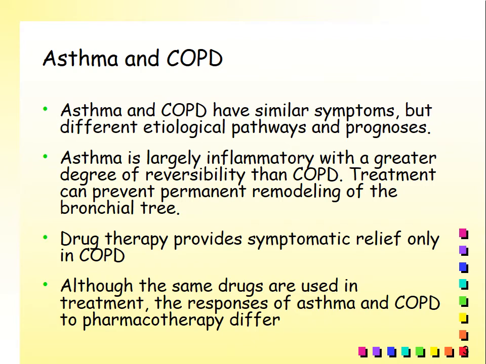That is to say, that treatment can prevent permanent remodeling or stiffening and thickening of the bronchial tree. So adequate treatment is important not only to treat current day symptoms, but to prevent long-term changing from asthma to a more fixed obstruction situation down the road.